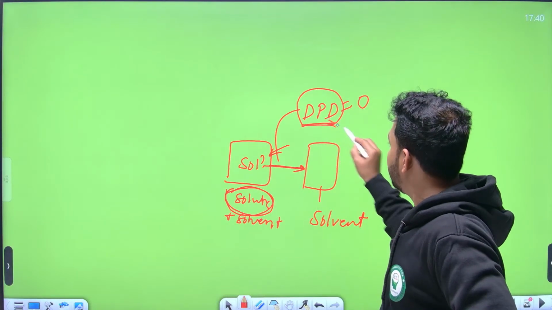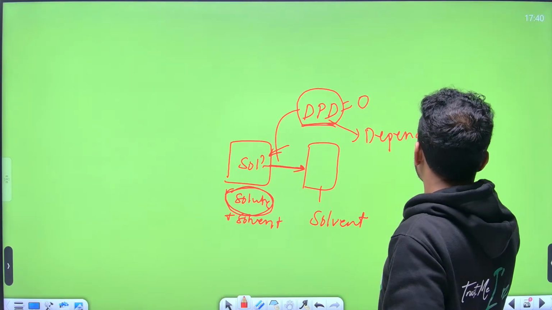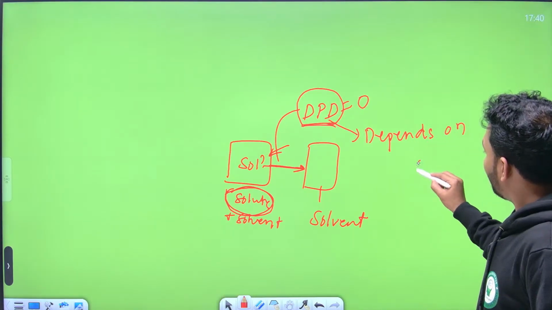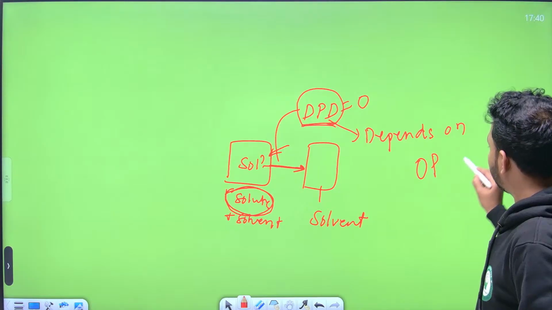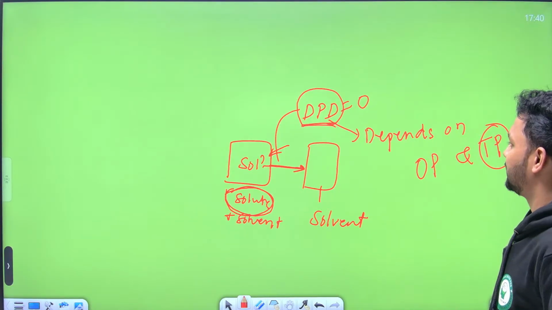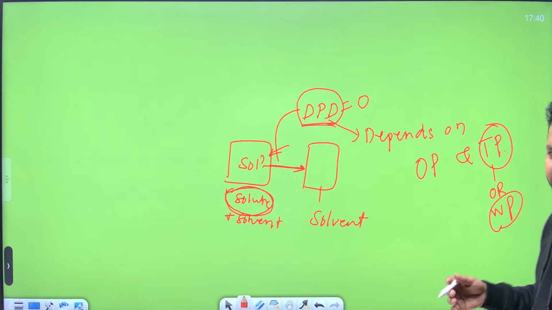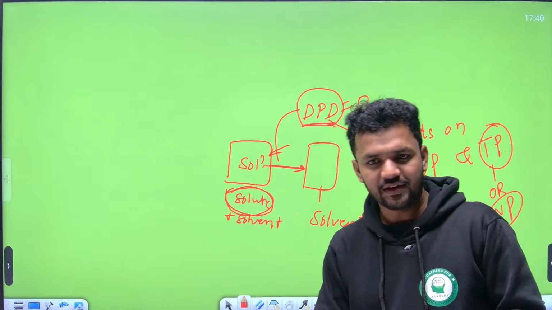So DPD depends on osmotic pressure and turgor pressure both, or wall pressure, you can say. Turgor pressure and wall pressure are the same. Now it is clear.